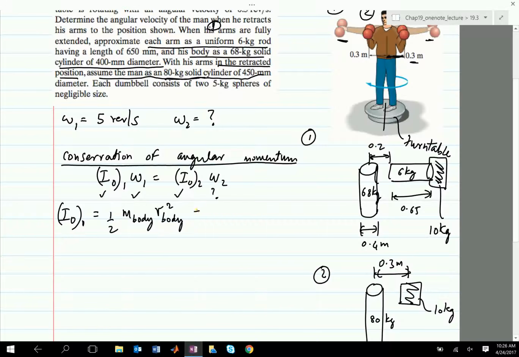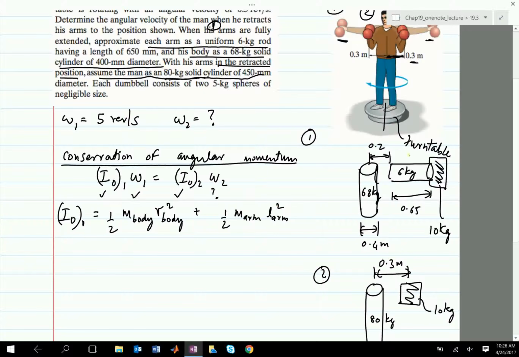Okay, let's write the inertia of the arm. Now when there's a cylinder this way, you want to find the inertia about an axis passing through the length of the cylinder. That inertia is 1/12 m times length squared, so that's 1/12 m arm length arm squared.